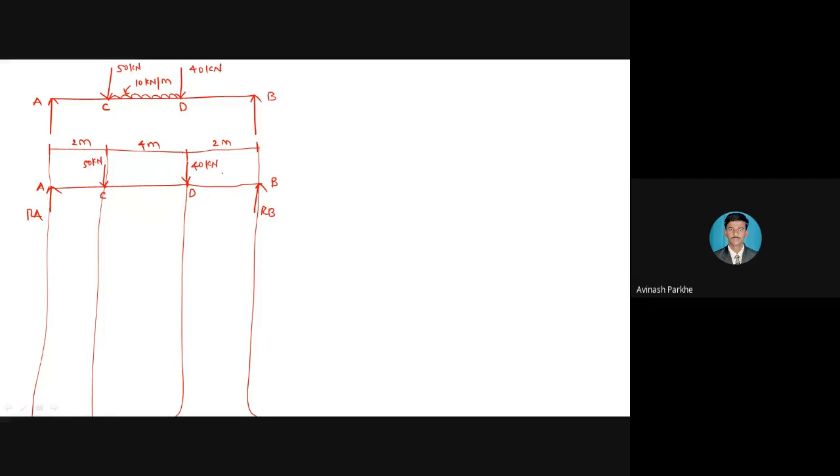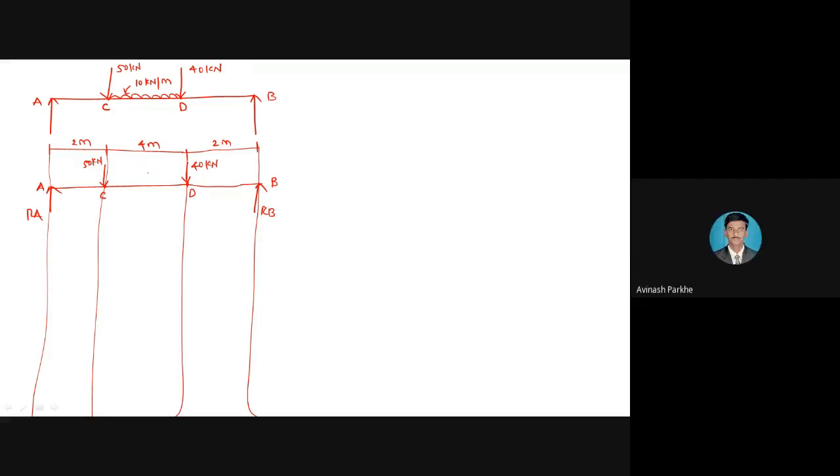What will be the magnitude of the point load when UDL is converted into the point load? Please tell me. W into L, 40 kilonewton.